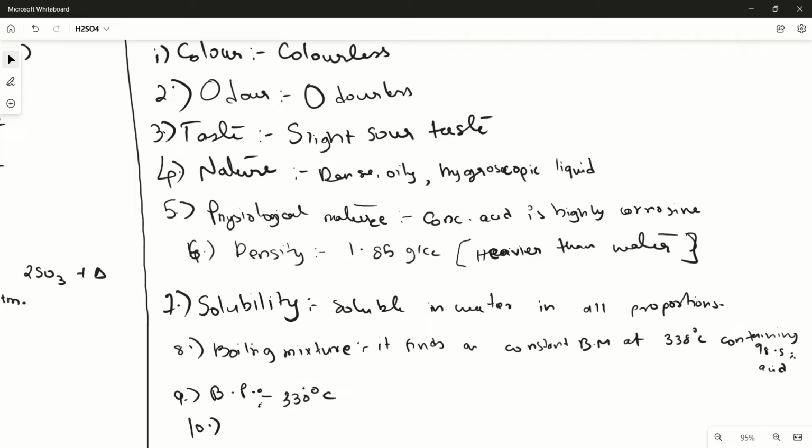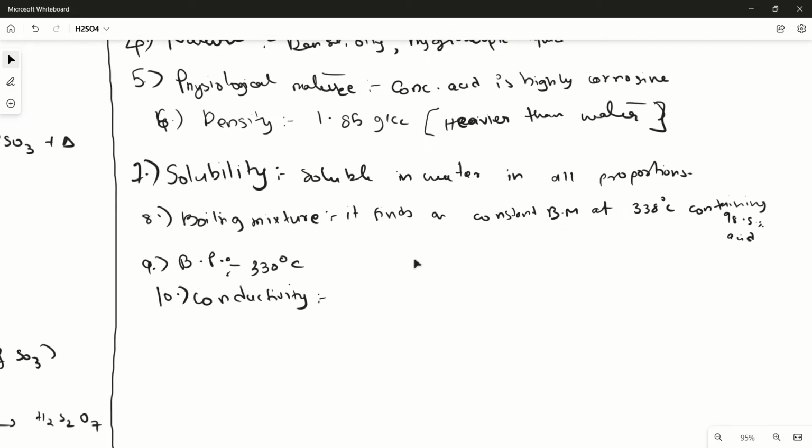And finally, its conductivity. Is it a good conductor? When it's a pure acid, it's almost a non-conductor of electricity, and when it's diluted, it's a good conductor of electricity. That's why we use it in electrolysis only when it's diluted.